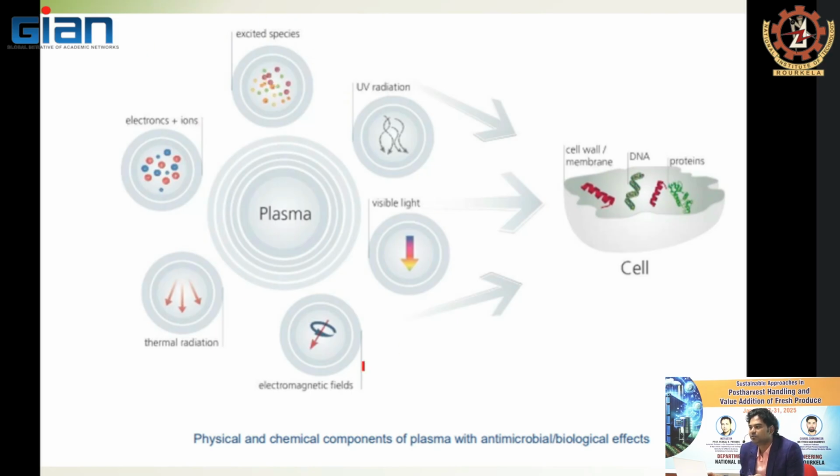So these are the major composition of the plasma, and each and every portion of this plasma has different types of reaction with the food materials.